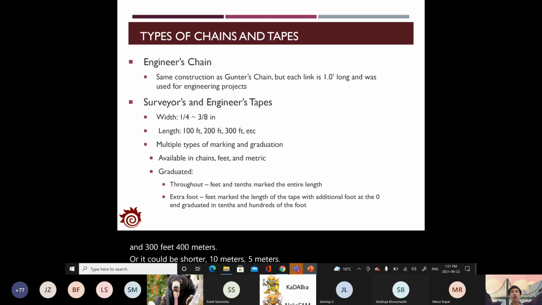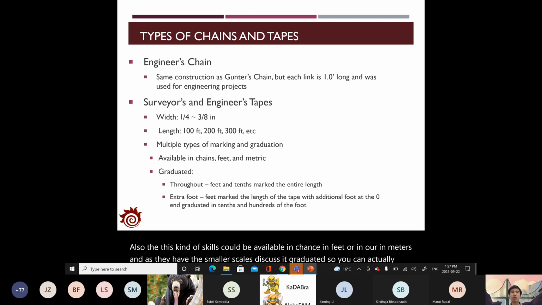There are multiple types of markings and graduations, and these scales could be available in chains, in feet, or in meters. The scales are graduated, so if it's marked in feet, you can read the feet, and also the inches and tenths of inches and so on.